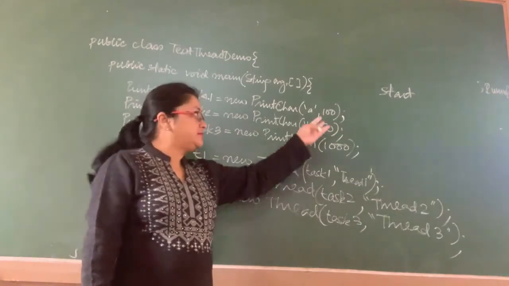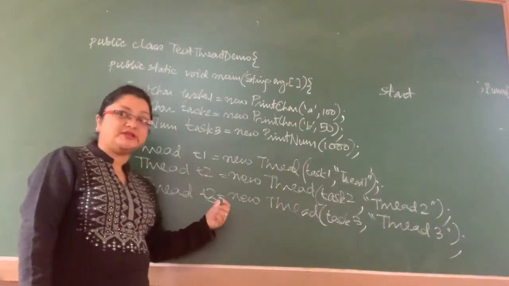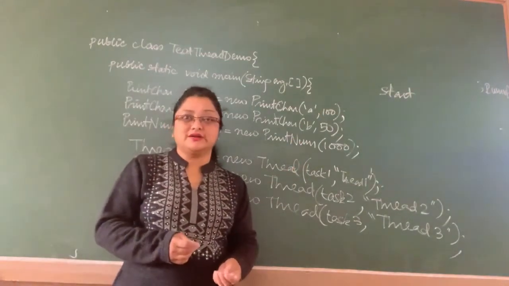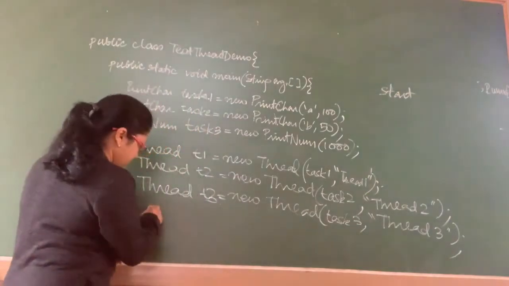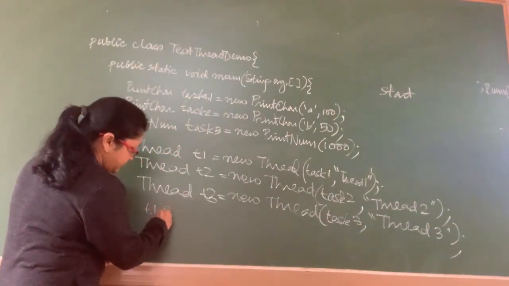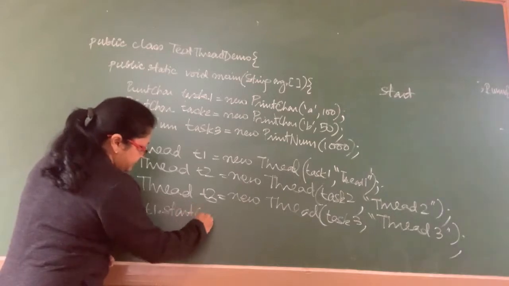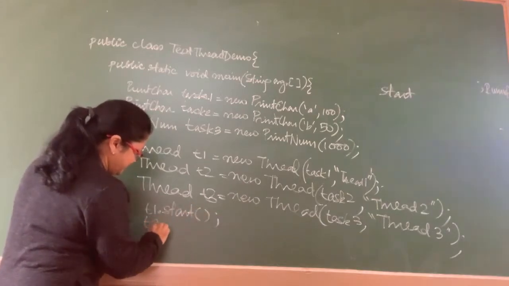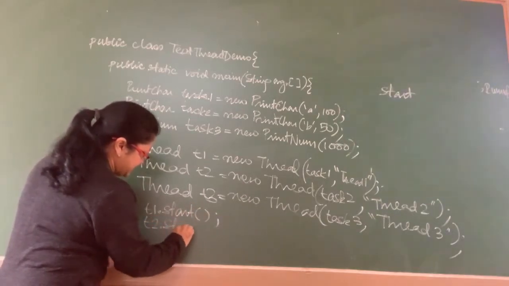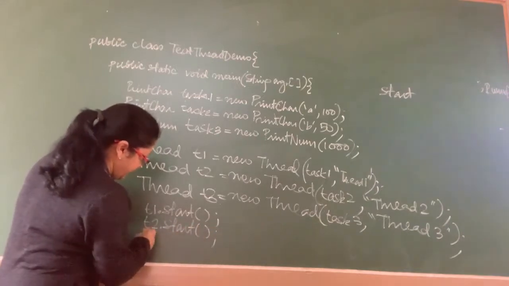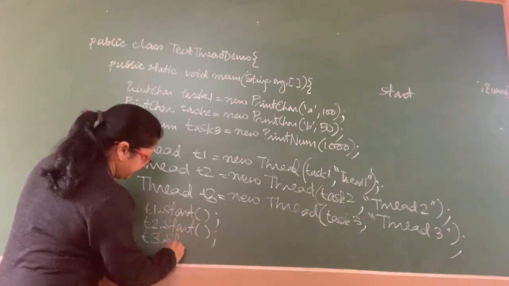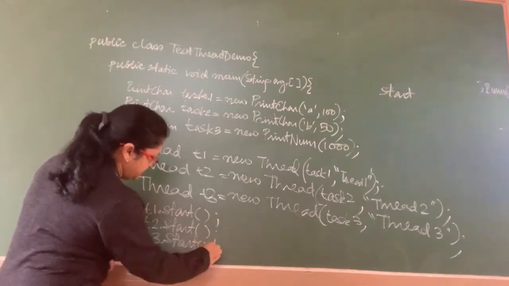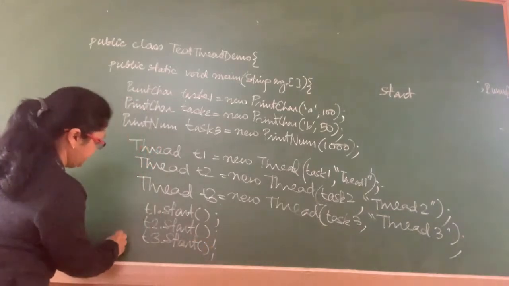When you call the start method using a thread object, only then does the execution start. So I will call T1.start, T2.start, and T3.start.